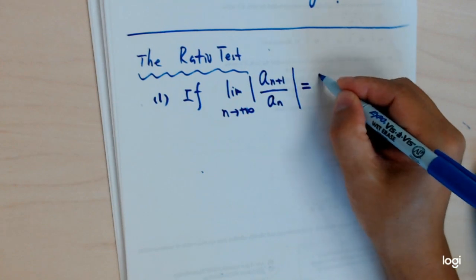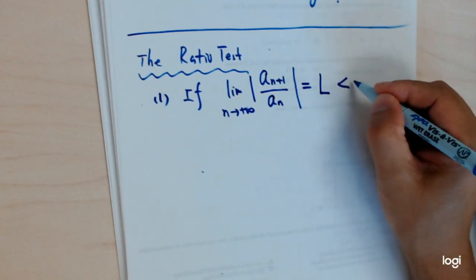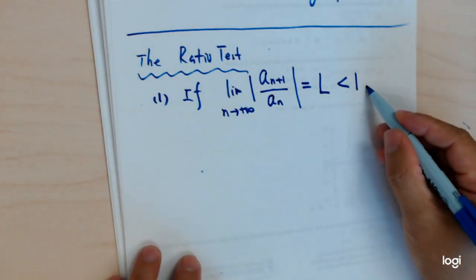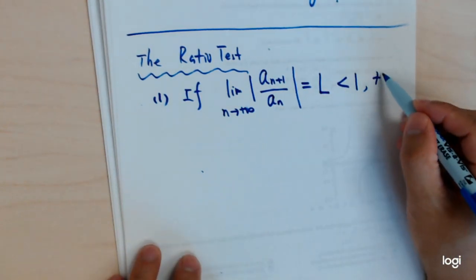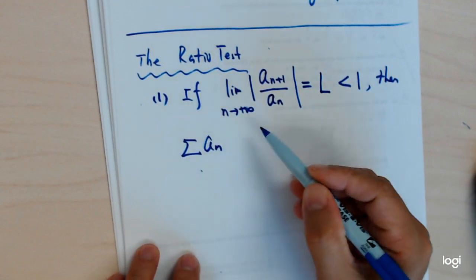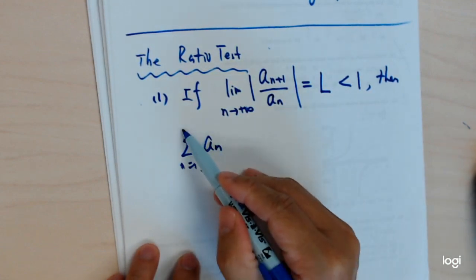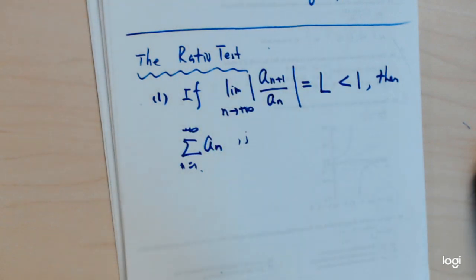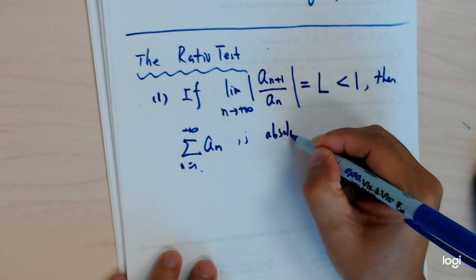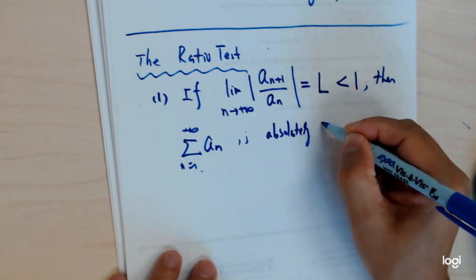If this turns out to be some constant that's less than 1, the ratio test says the series that you're looking at is absolutely convergent.